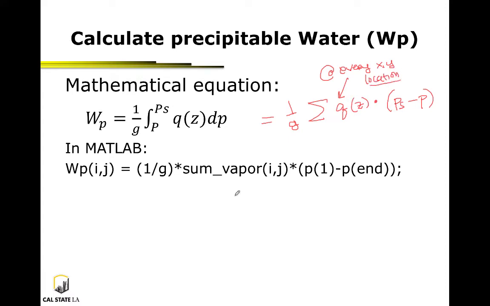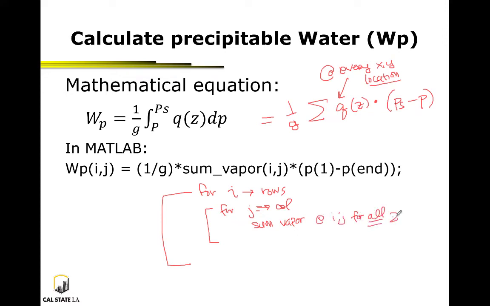Which in Matlab translates to a for loop looping your I indices, which are going to be your rows, and a for loop looping your J indices, which are going to be your columns, to get the sum of your water vapor. So then you're going to sum vapor at IJ for all Z's.